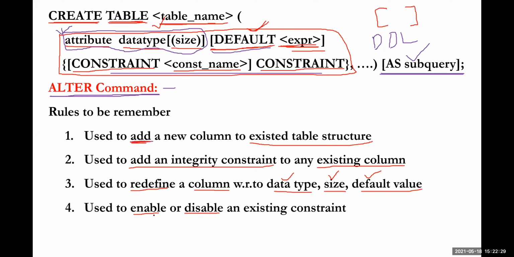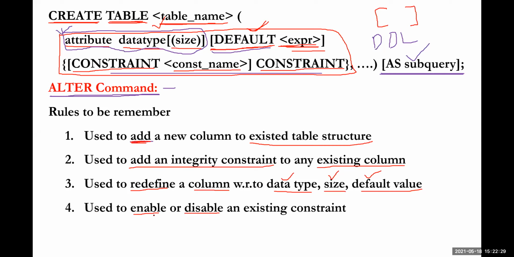Then, you can drop an integrity constraint. If any integrity constraints are there, you can drop them. And then you can modify. Modification has not been listed, I think. So you can modify an existing column. Modification falls under this particular area.